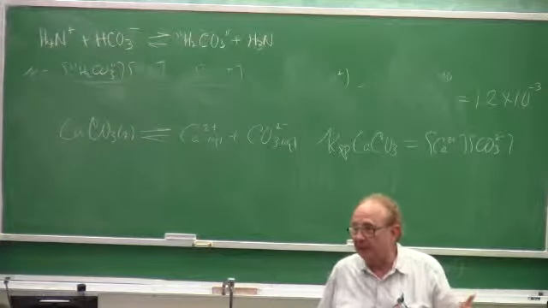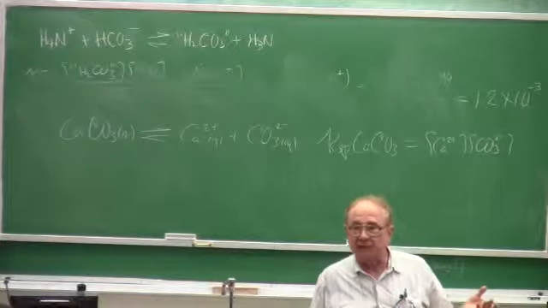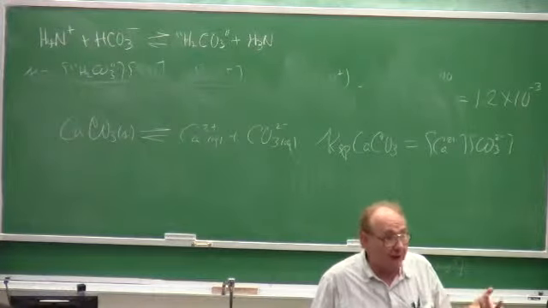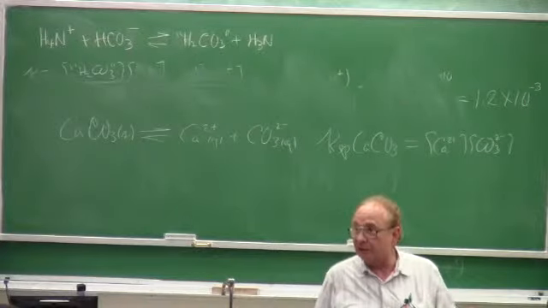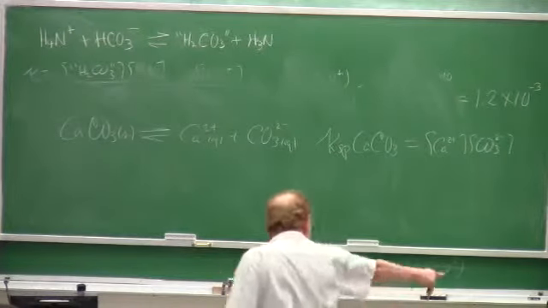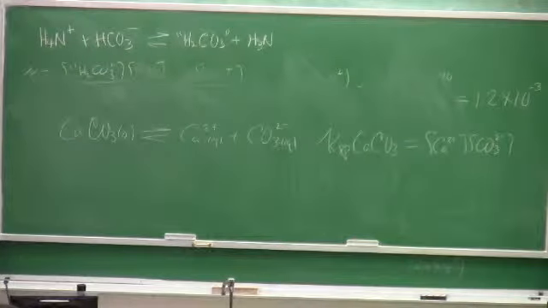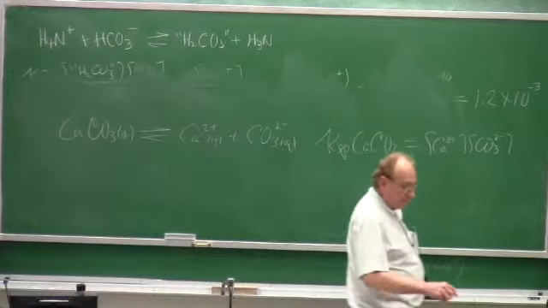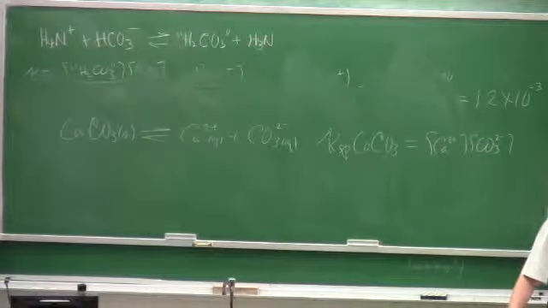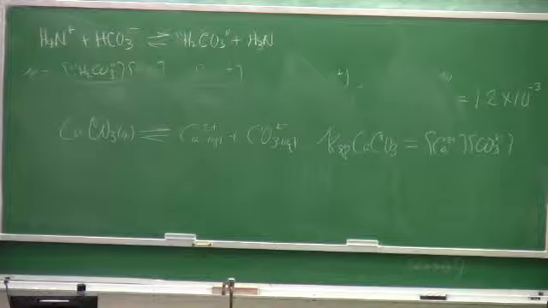So KSP is really the equilibrium constant for the reaction that occurs when a solid is dissolved into water to achieve saturation. Not all the solid will have dissolved, just like for the system we just made. So for this system, we can use this as a definition of KSP for calcium carbonate.